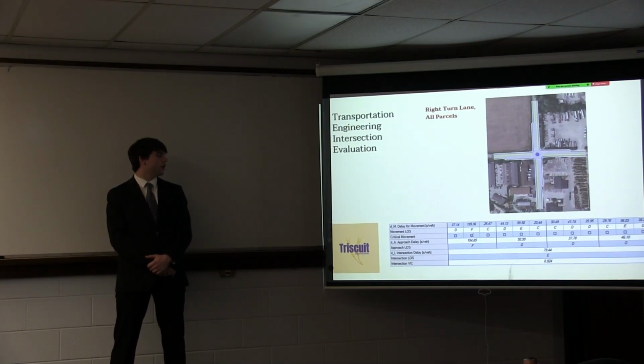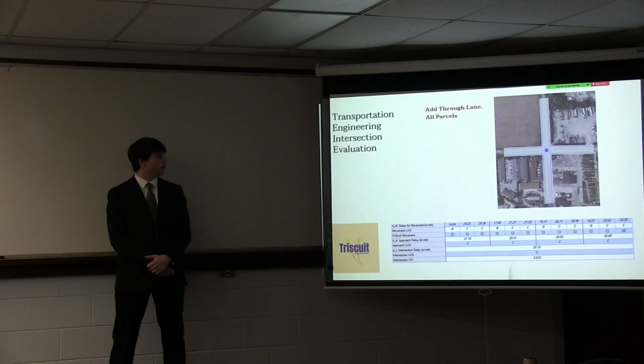Adding the right turn lane would only increase that to a level of service E, so it's not that much better. And then with the new through lanes, it brings us up to our goal of a level of service C, which makes it the best alternative so far.